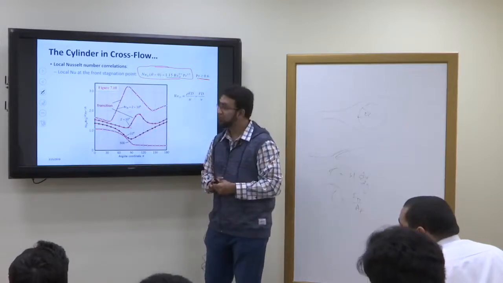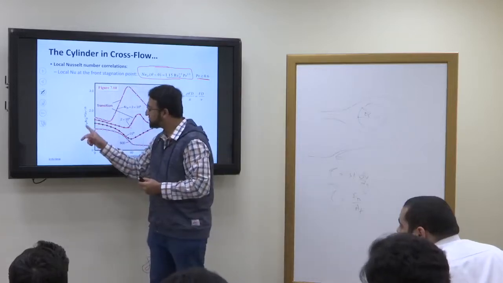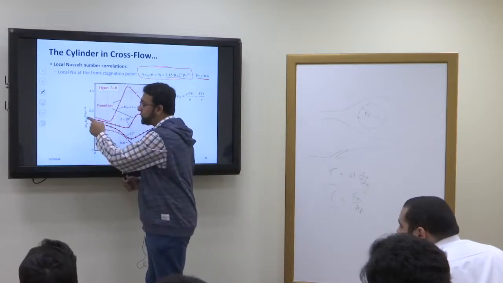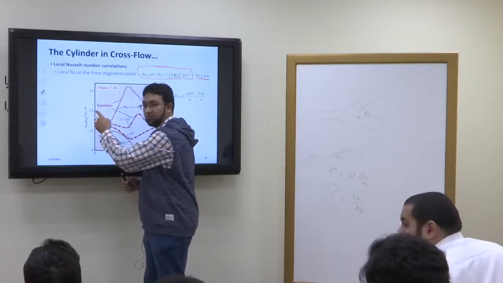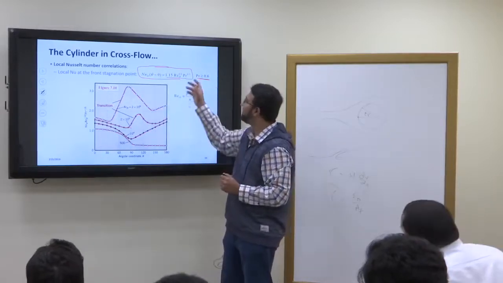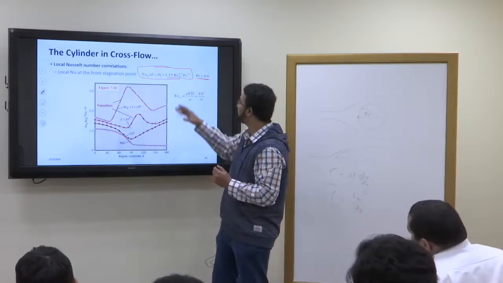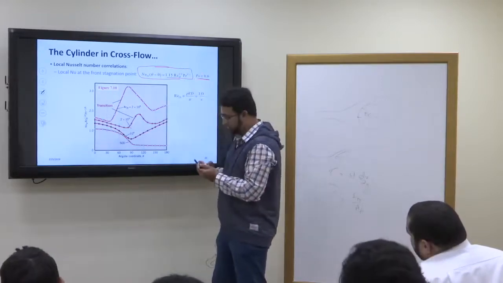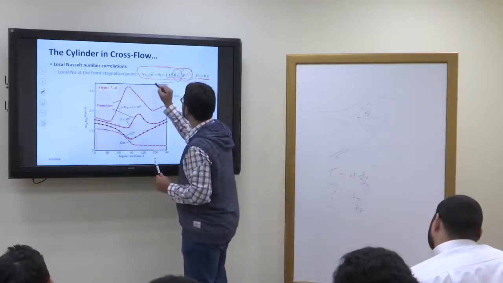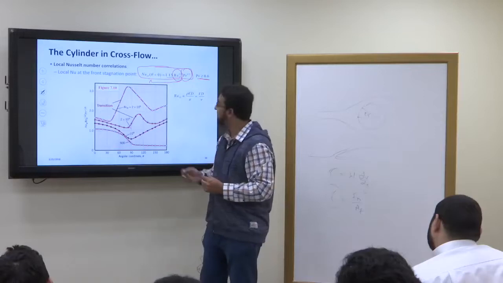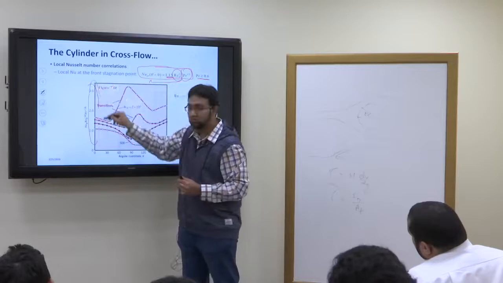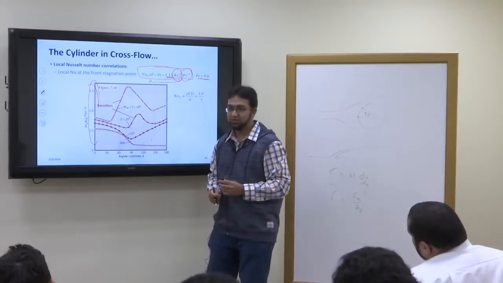The y-axis is a combination of Nusselt number, Reynolds number and Prandtl number. So it's basically Nusselt number multiplied by Reynolds number power negative half. If you bring this term and this term down here, these are the coefficients.